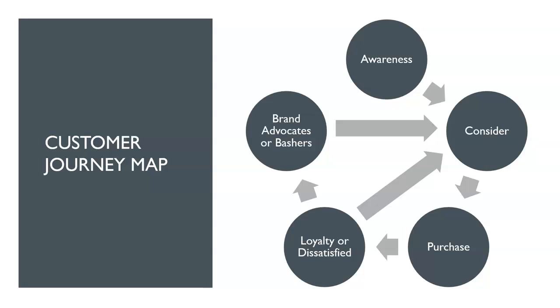In the purchase phase, this is where you want things simple. You want people to not be distracted because they're interested in buying your products. You want them to go and buy those products or services without leading them to other areas.